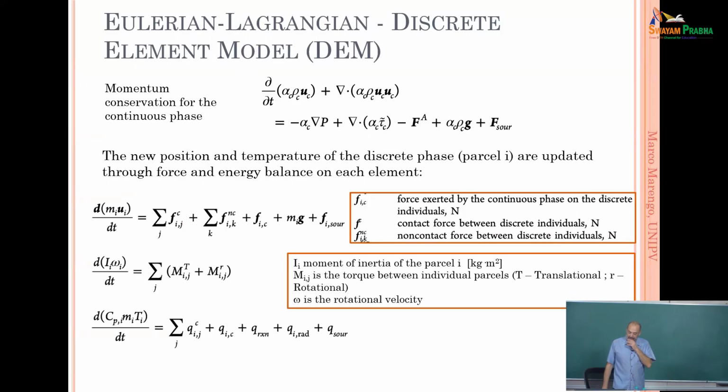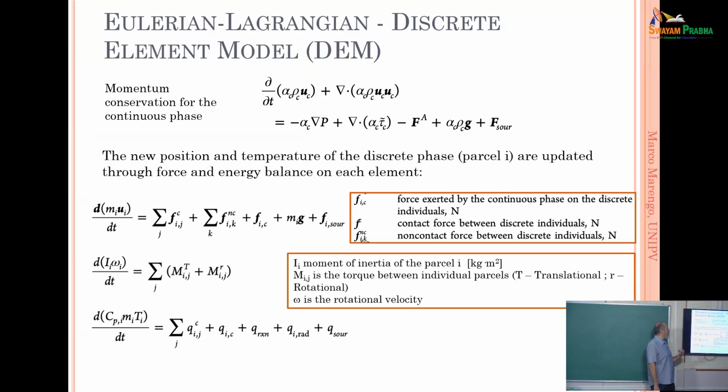Now, the problem, as you can understand, is that when we have the Lagrangian solution, we need to write the equation of motion for the parcels. The equation of motion is a classical Newton law of mechanics, and what becomes very important is to understand which forces are acting.